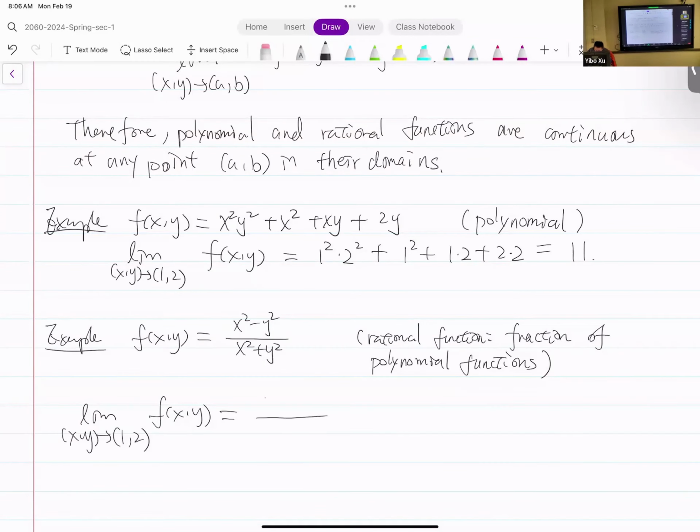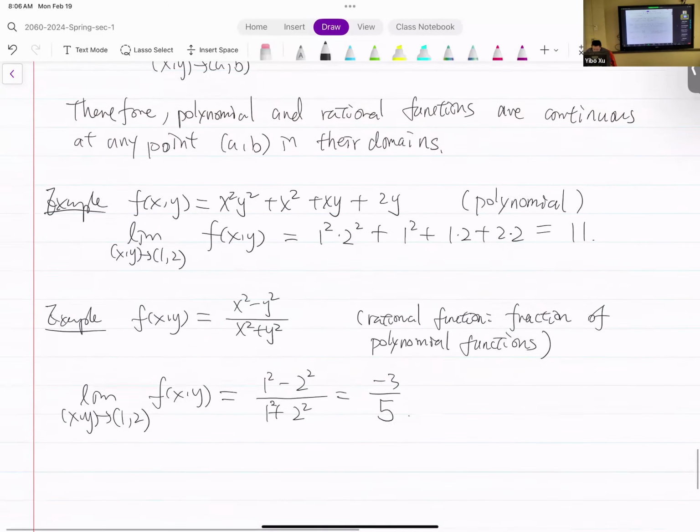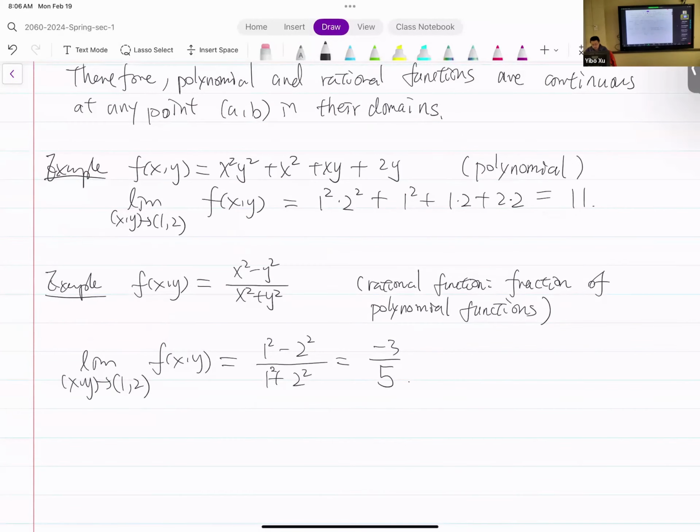So when x is 1, y is 2. So that's going to be what? That's going to be -3 over 5. So basically, you can see that as long as your fraction, or the polynomial function, is well defined at the point that you're looking at, then you can just evaluate at that point.